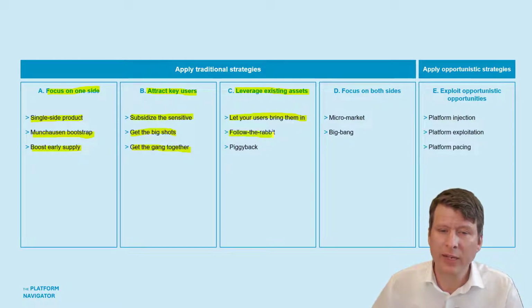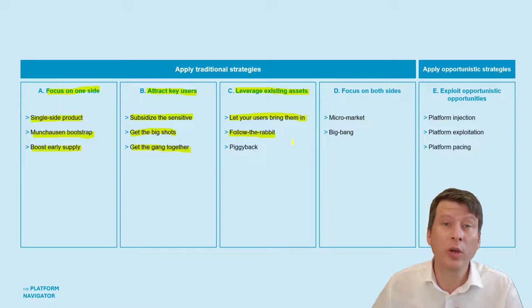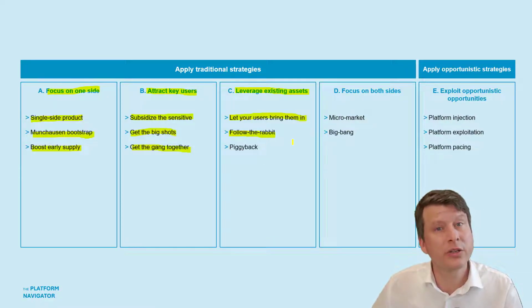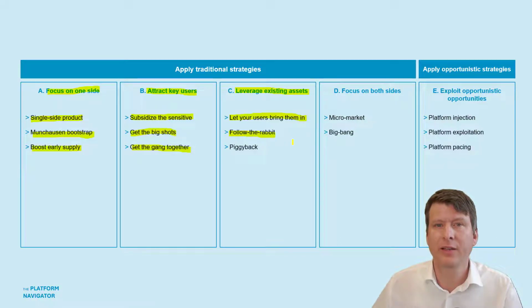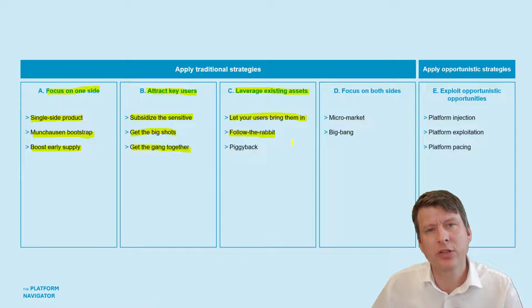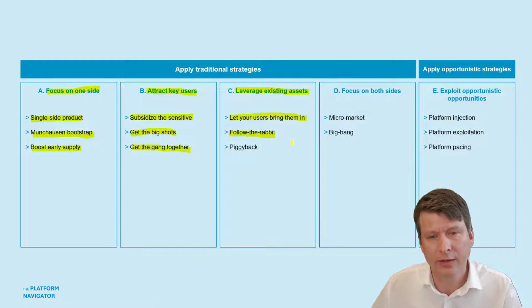Follow the Rabbit is really all about the novel Alice in Wonderland. It's really about going beyond what you have initially thought would be possible. Think about Amazon. Amazon started as an e-commerce store, and then they changed their business model to a marketplace. Follow the rabbit. Go beyond what you originally intended.